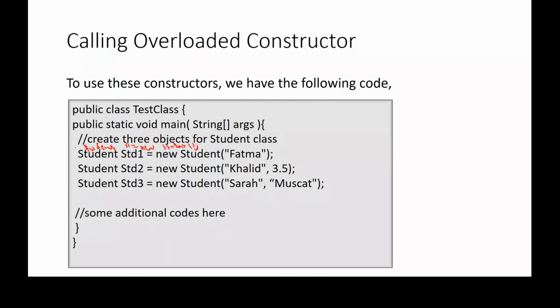This is one. You can call it with just one name. You can call it with two names, name and GPA. You can call it with name and city. This is the benefit of having multiple constructors.